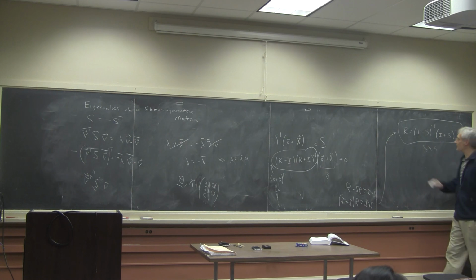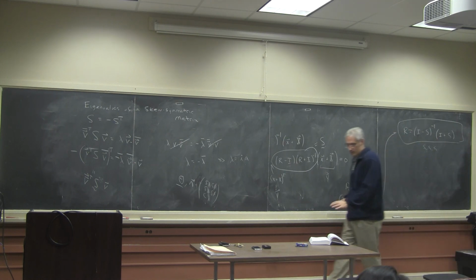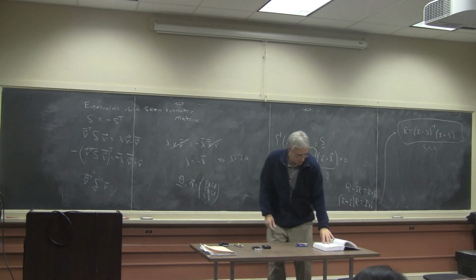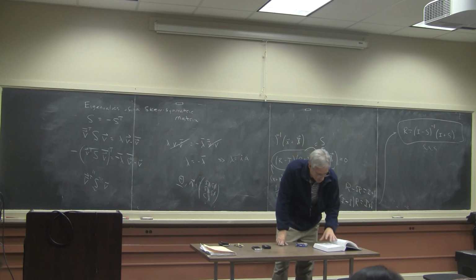And some people like this Cayley parameterization. For instance, Professor Kubilarov has done a lot of work that uses this Cayley parameterization. And on page 117 is the explicit form for what the rotation matrix using these Cayley parameters looks like.